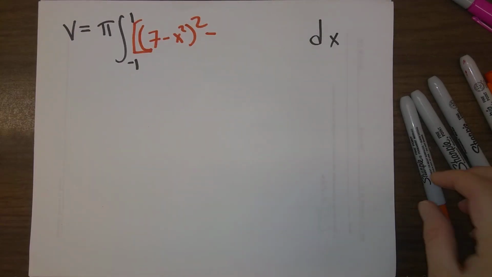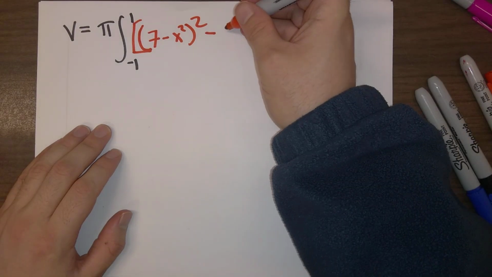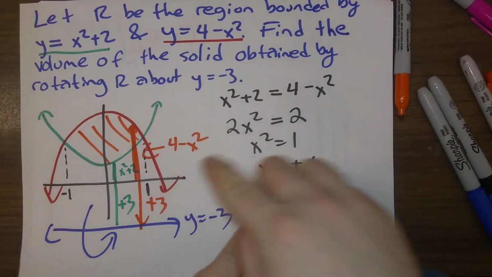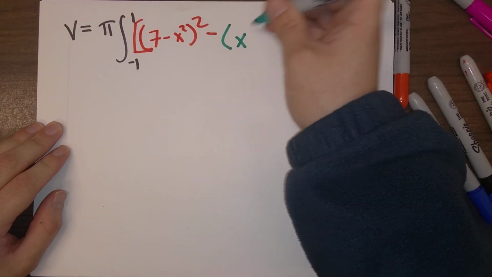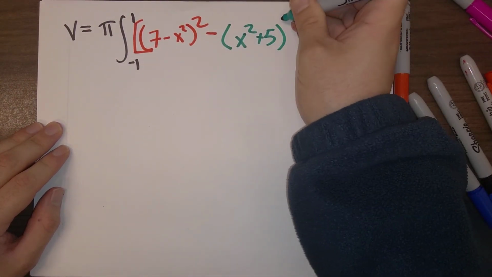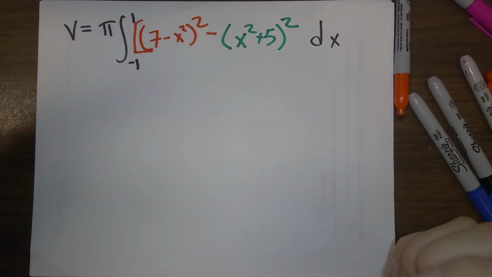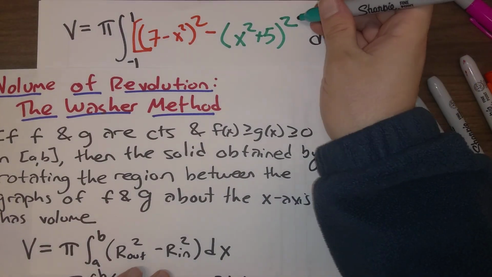So what we end up with is x squared plus 2 plus 3, and that is going to be x squared plus 5. And then, of course, we have to square that.